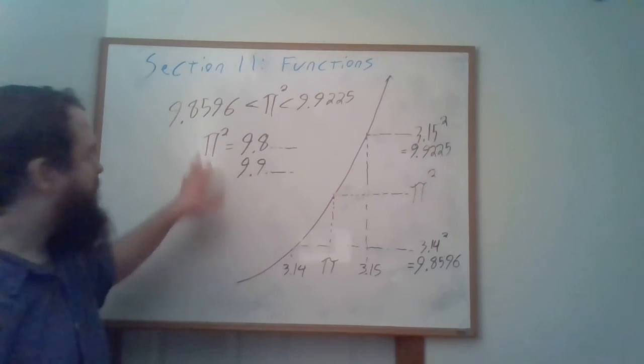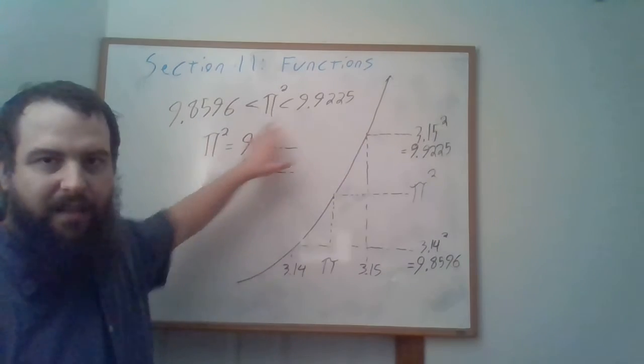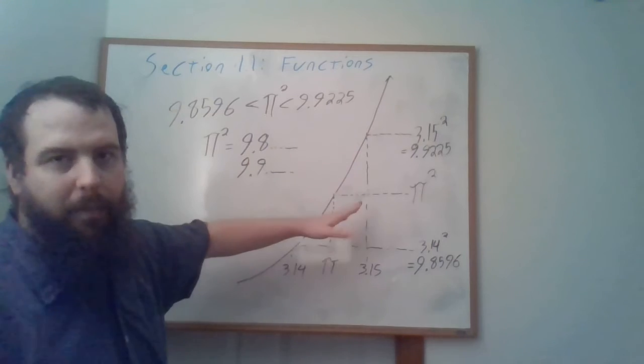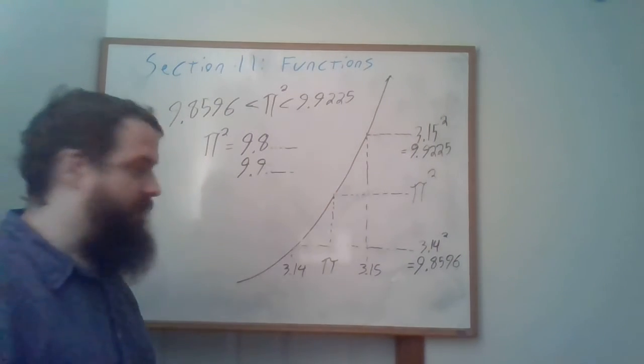So we actually don't know right now if pi squared is 9.8 something or 9.9 something. And of course, we don't know anything about the rest of the digits.